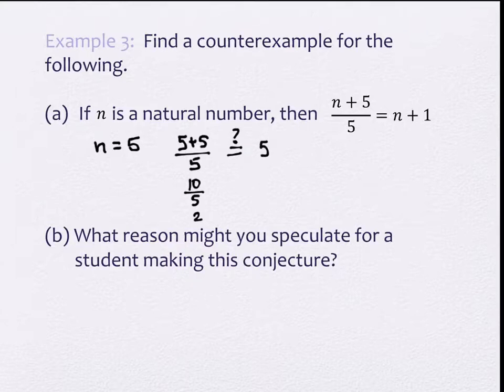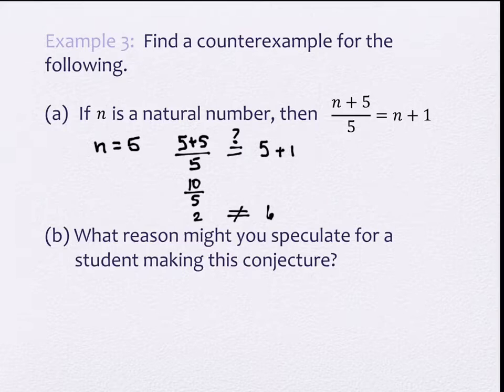I have 5 + 1, which is 6, and these two are definitely not equal. And the reality is there's a lot of numbers that I could pick that would make this particular one false. Sometimes when you're doing counterexamples, there's only one thing that makes it false, and it's harder to find that one value that won't work. But on this one, there's lots of values that won't work.